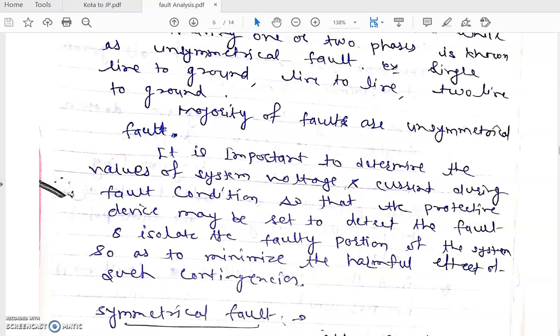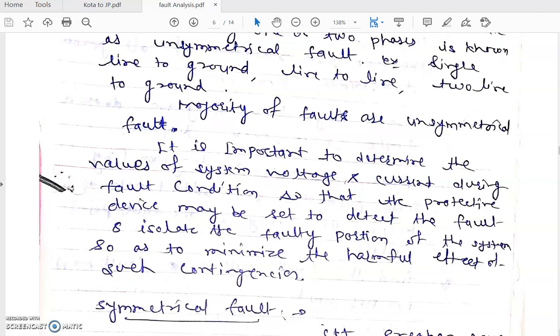So first we will discuss the symmetrical fault. One thing is that as we use fault analysis to design the protection system, accuracy or precision is not an important parameter when calculating fault current or fault voltage, because we have to use this data for designing the protection system.